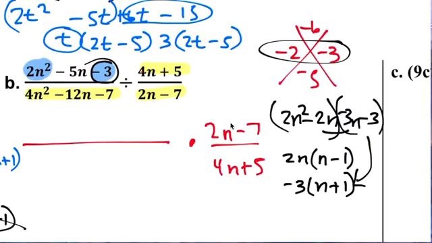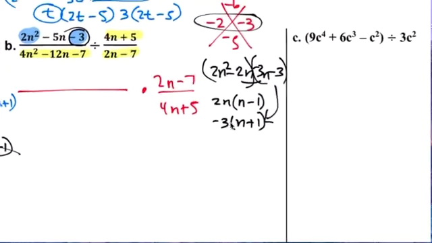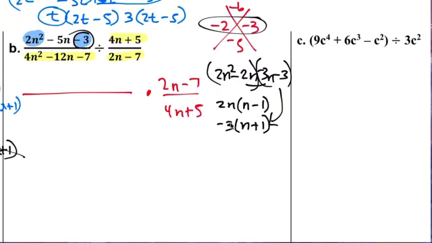I'll come back to it because I know I made a mistake somewhere. Factor by grouping should come out.